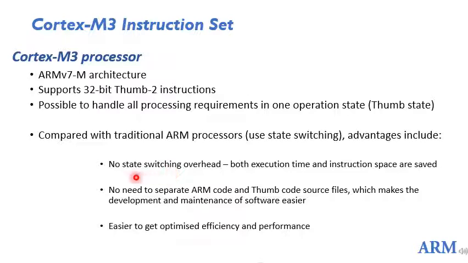And there is no need to maintain separate ARM code and Thumb code source files. This is from the software point of view. That is, this makes the development and maintenance of software easier, and it is also easier to get optimized efficiency and performance.